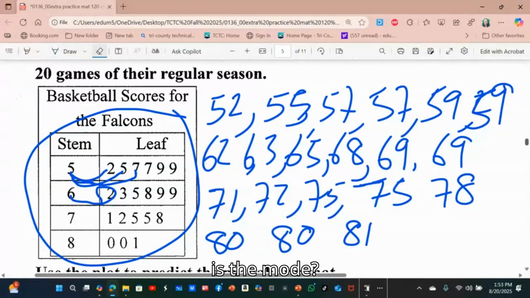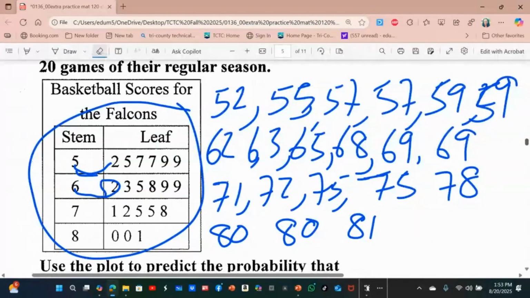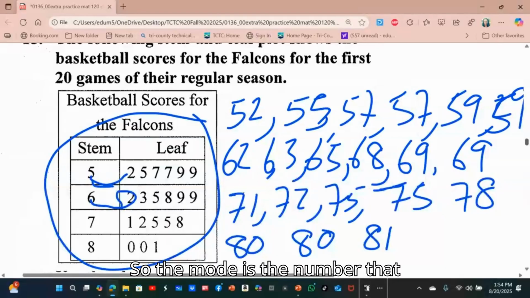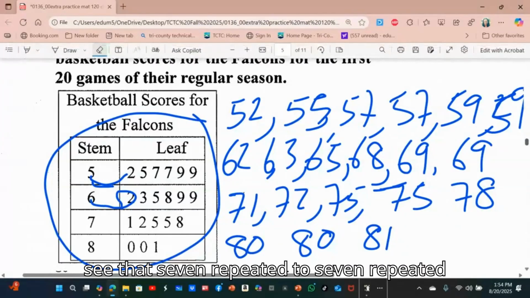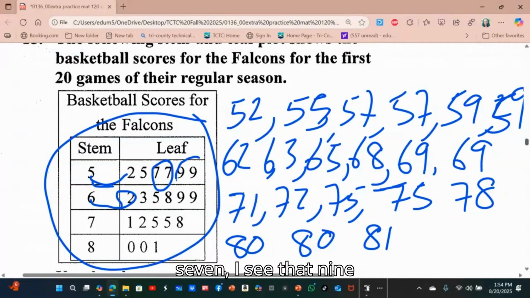So let's check. What is the mode? The mode is the number that repeated most. Right here, I see that 7 repeated twice, so 57. I see that 9 repeated twice, so 59. Over here 9 repeated twice, so 69.